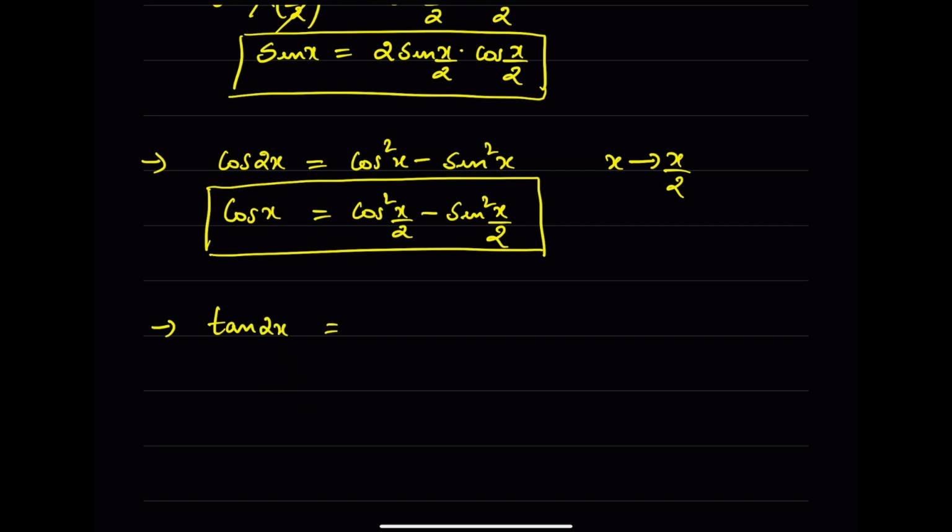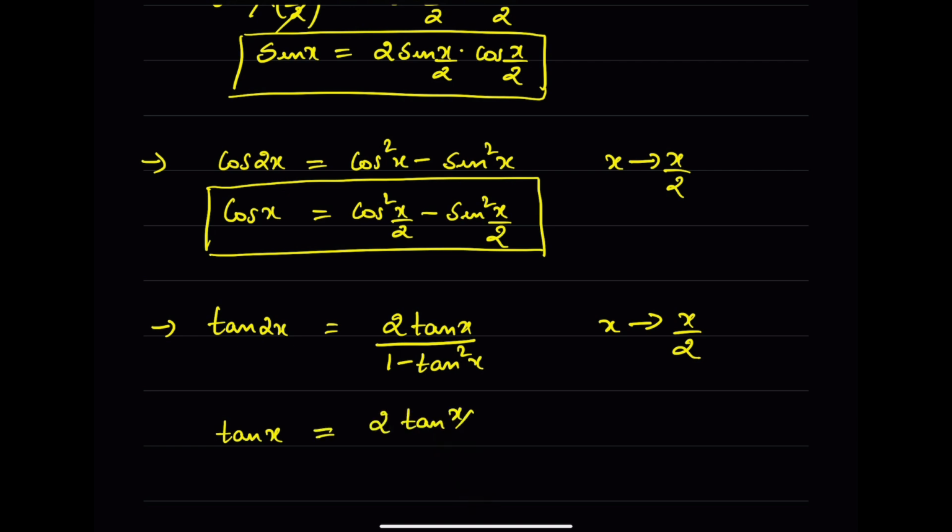Tan 2x is nothing but 2 tan x divided by 1 minus tan square x. Again, we are replacing x with x by 2. So this will be tan x, because the 2 would get cancelled. Tan x is equal to 2 times tan of x by 2 divided by 1 minus tan square x by 2.